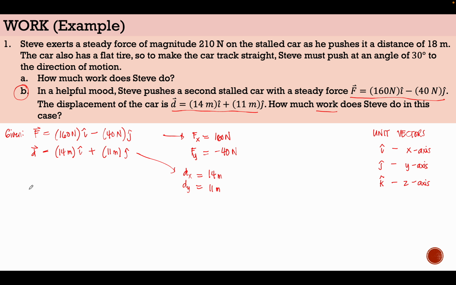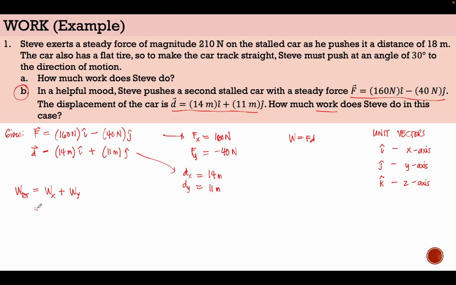To solve for the work done, we will get the total work done, which means we will get the sum of the work on the x-axis and the work done along the y-axis. From our equation, work is equal to force times displacement.